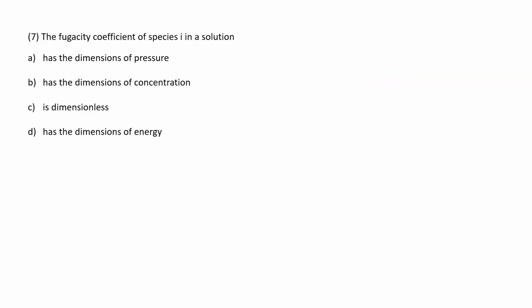That's the fugacity coefficient of species i in a solution. So one thing: what I told earlier was for gases, but for solutions we also express the same. So for gases, how do we define it? f_i by P, right?